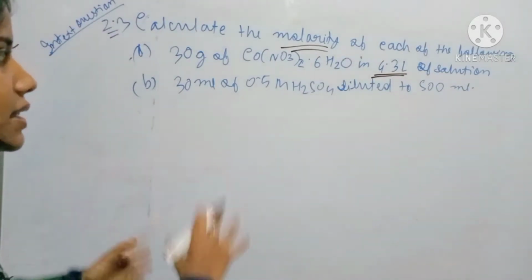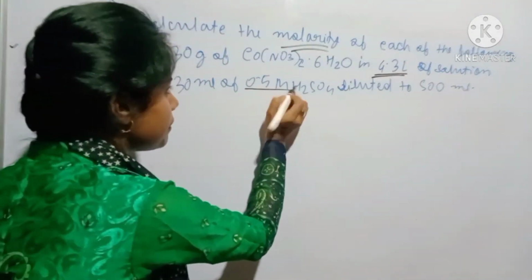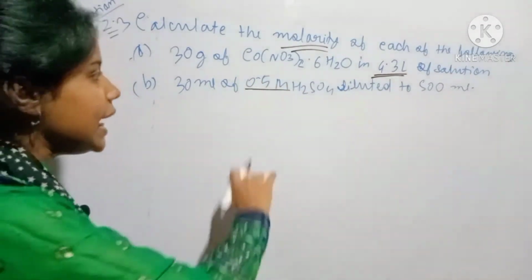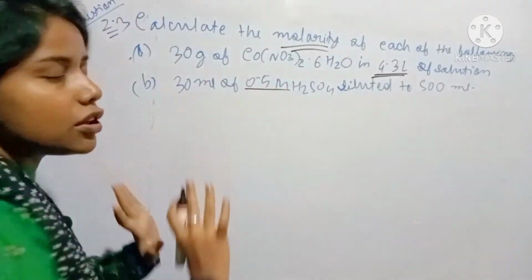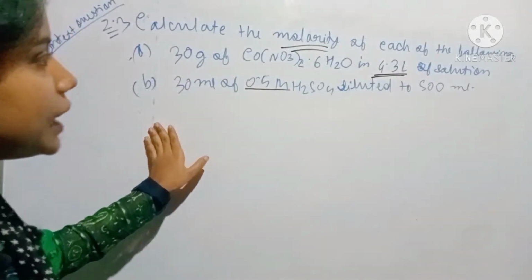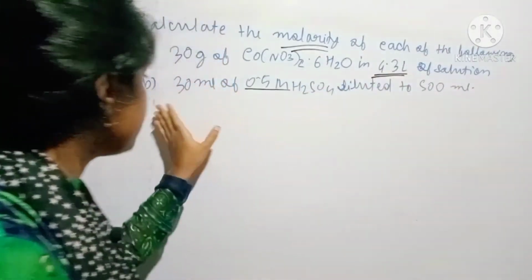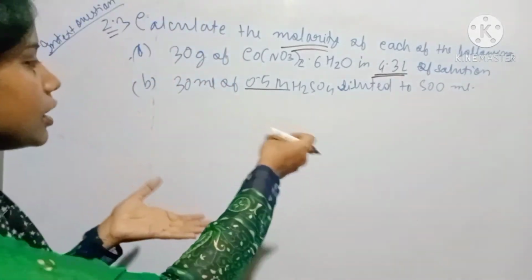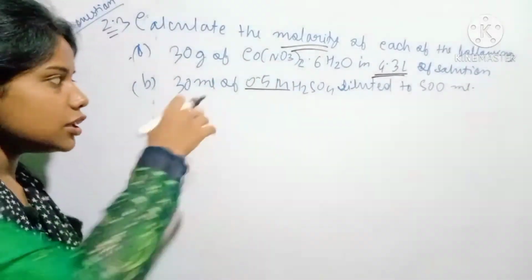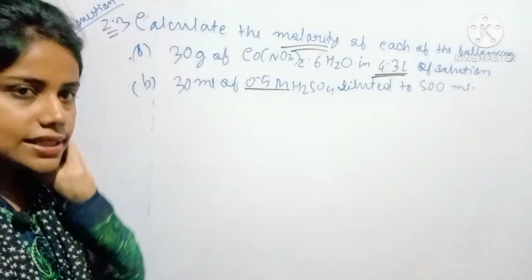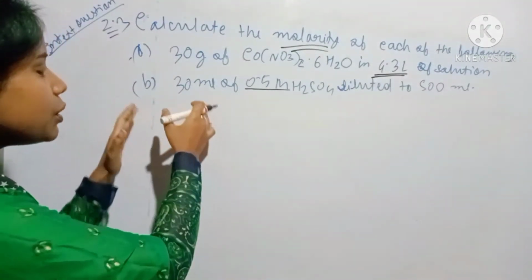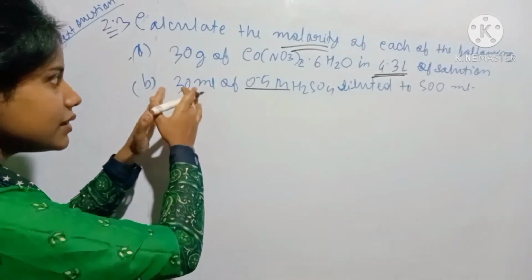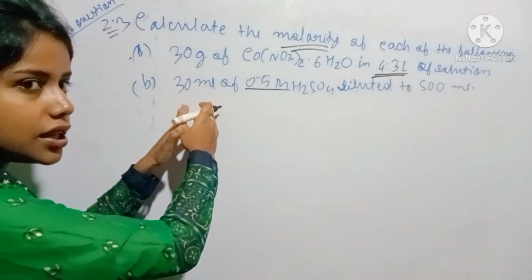Your examiner makes a 0.5 molar H2SO4 solution and gives you 30 ml of it. Then he tells you to make it 500 ml. To make that 30 ml into 500 ml, you have to add 470 ml water to it.